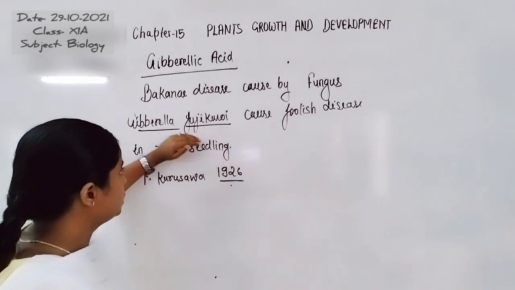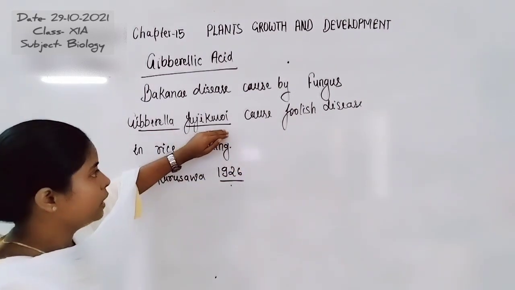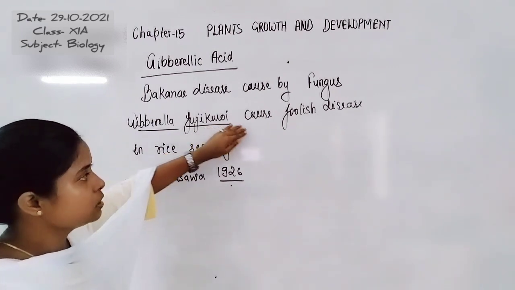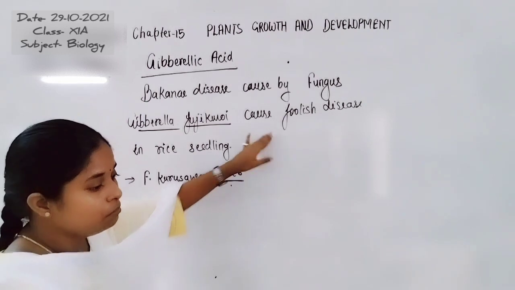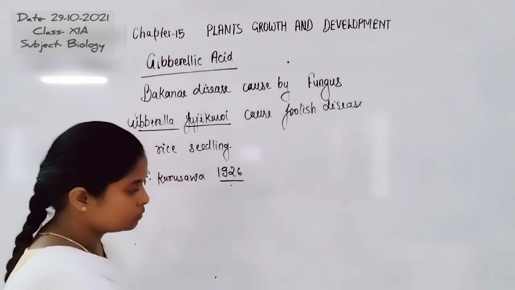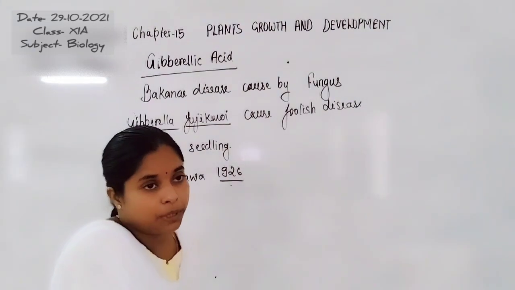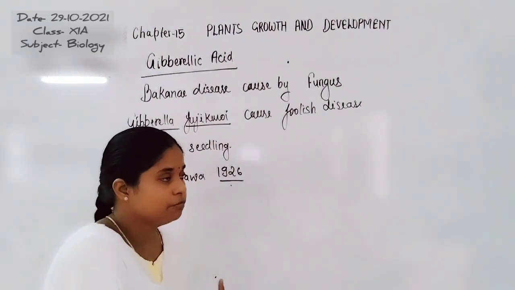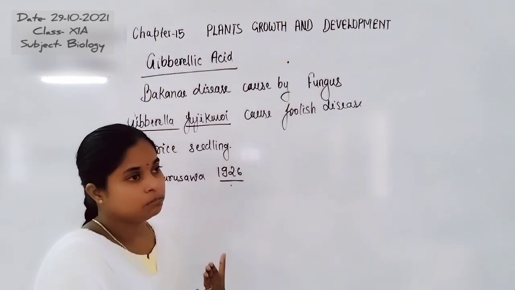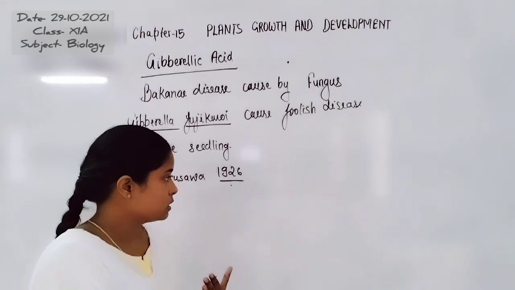What happened with the rice seedlings? Gibberella fujikuroi is a fungus which causes disease in rice, so the rice seedlings became long or achieved greater height compared to the other rice seedlings present in the field.